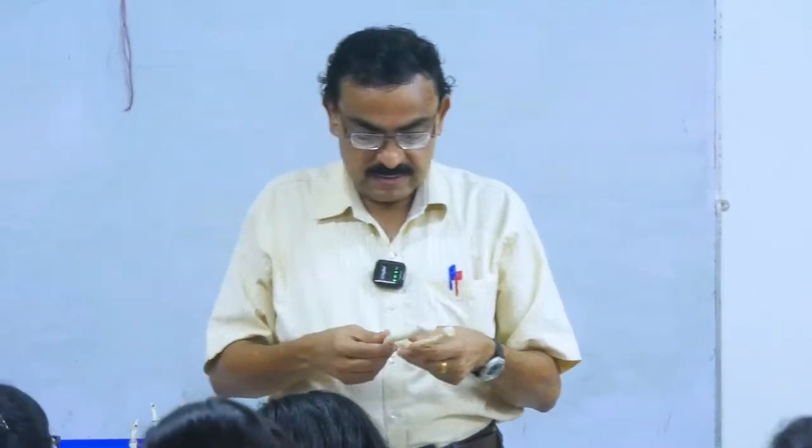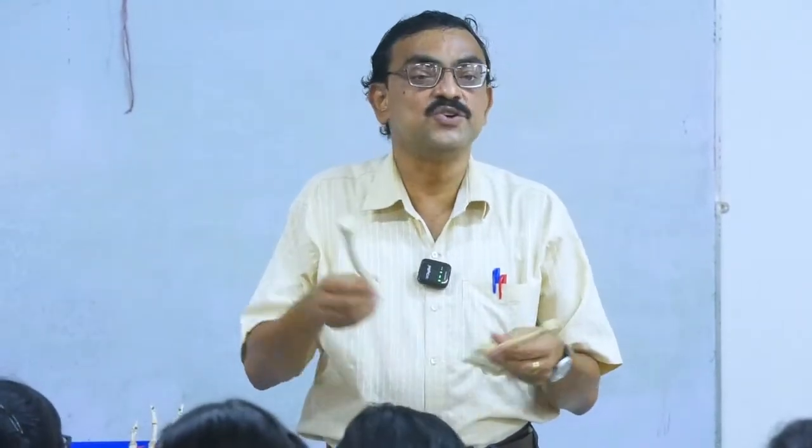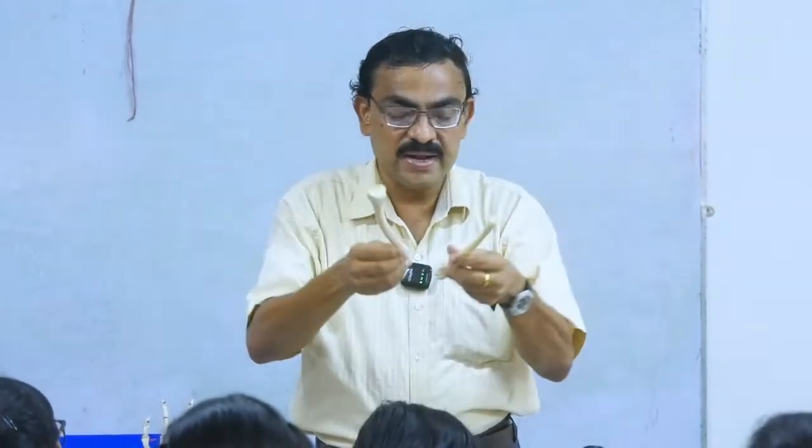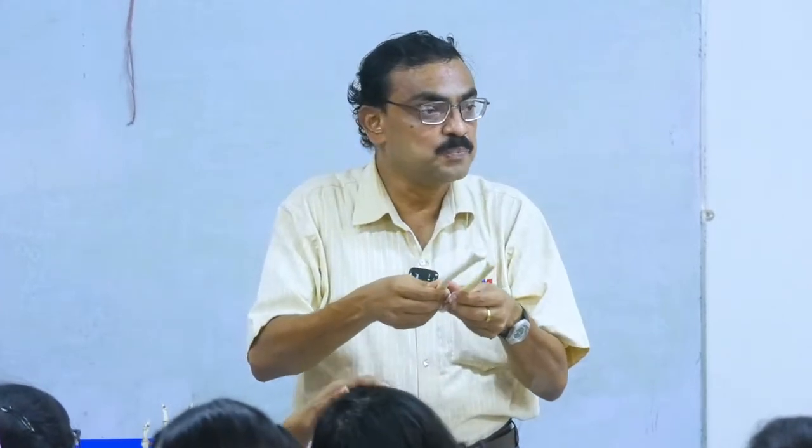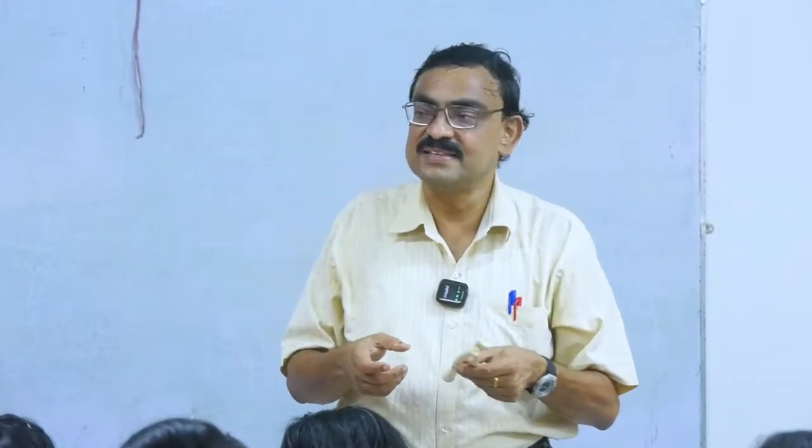Actually, it has three joints. One is the superior radioulnar joint, the inferior radioulnar joint, and this interosseous membrane is nothing but the middle radioulnar joint.